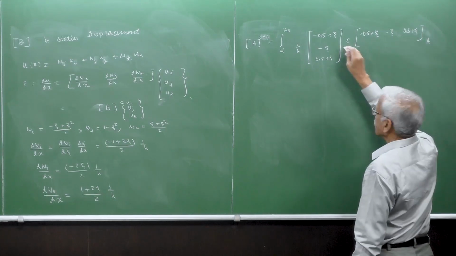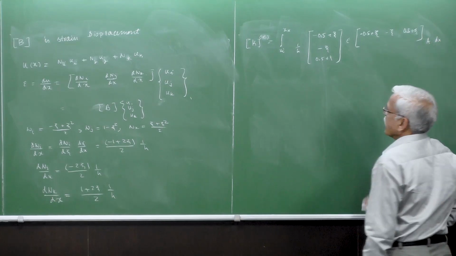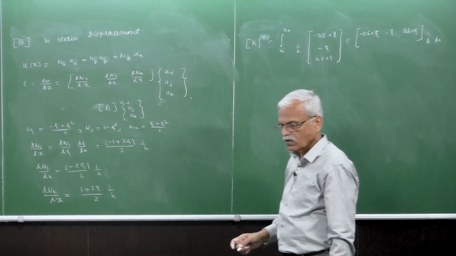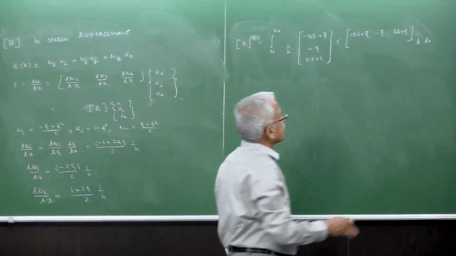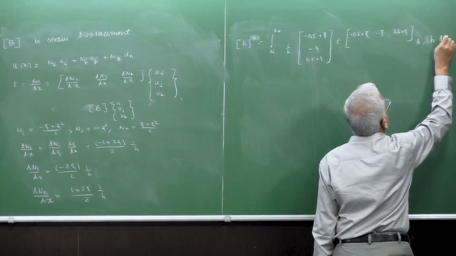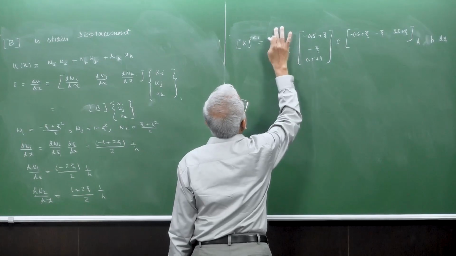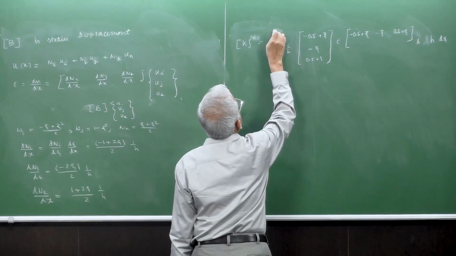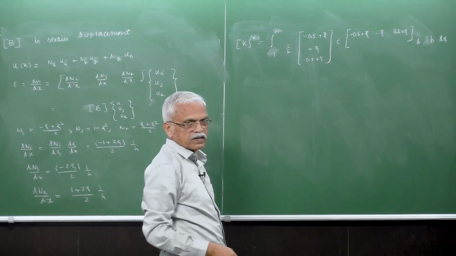Area you can put here or here, times dx, and dx is how much? It is h d xi. So if you want, I can put it right here. And if it is d xi, then these limits I'll change to -1 to +1. So this can be integrated.